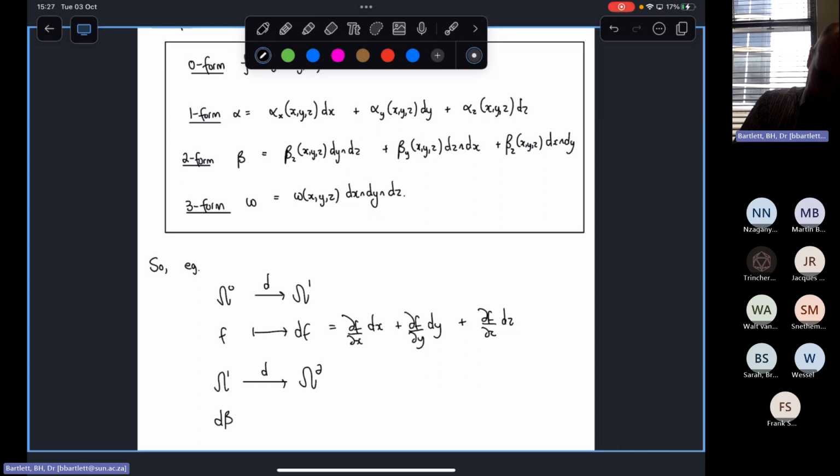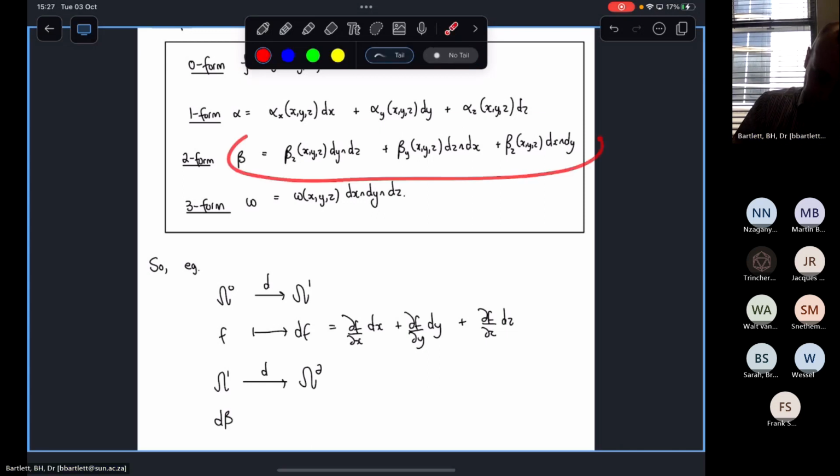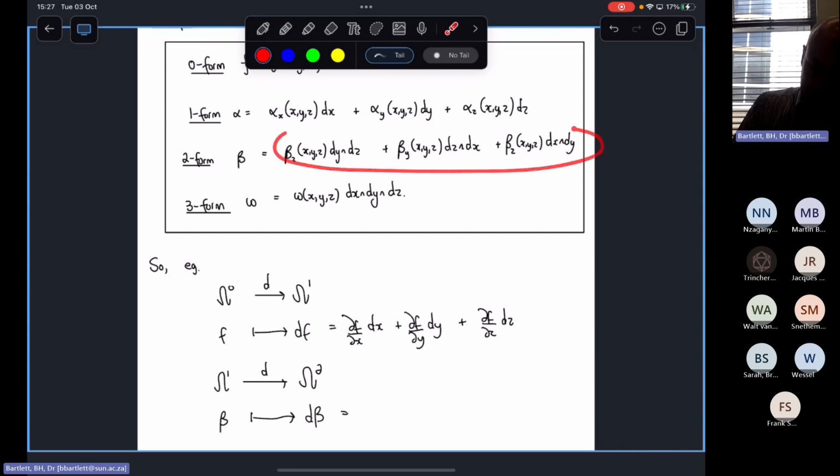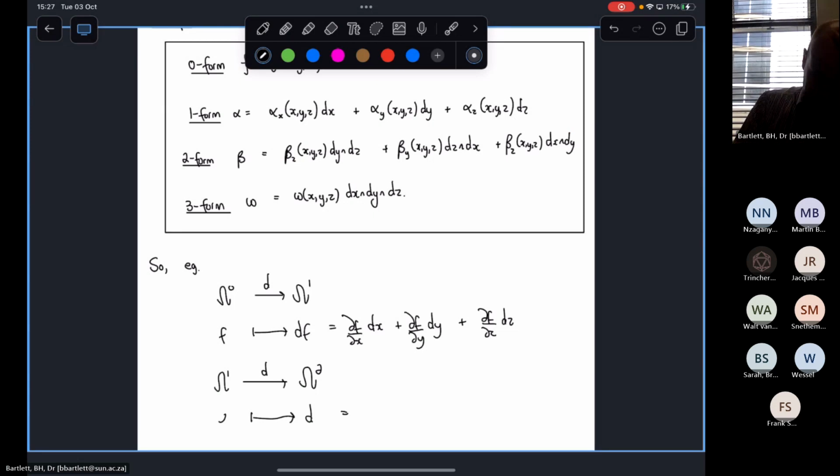Well, I take this beta here, and I've got to differentiate it now, I've got to calculate its exterior derivative. So I've got this guy here. So I'll do them one at a time. Let's start with this one here.